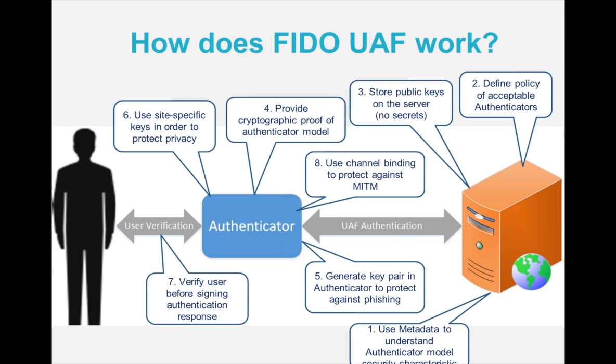Even though human beings are not able to distinguish those different URLs, the software in the authenticator is. So we can tie keys to different, what we call, application IDs. And this is also used to protect the privacy of the user. If I register my authenticator to 2 different relying parties, my authenticator will generate 2 different key pairs, which allow me to keep my accounts completely separated.